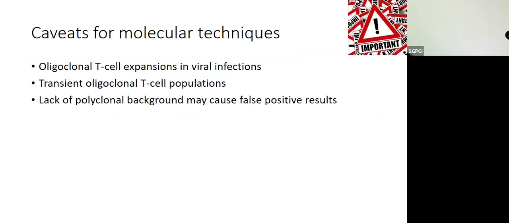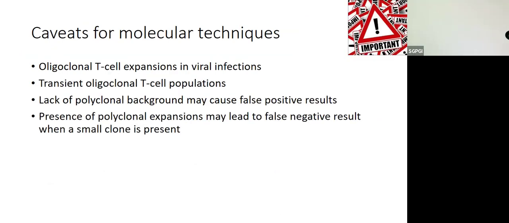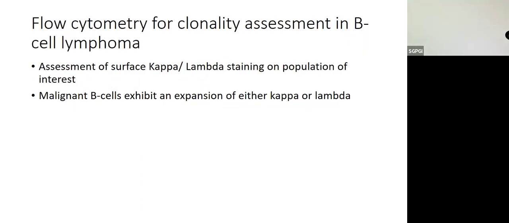This is one of the limitations. And when you have a lot of polyclonal cells and a small abnormal T cell clone, you may miss it. These are limitations. The biggest thing we need to remember is that clonality is not always equal to malignancy. A malignancy will usually be clonal, but not all clonality will be malignancy.